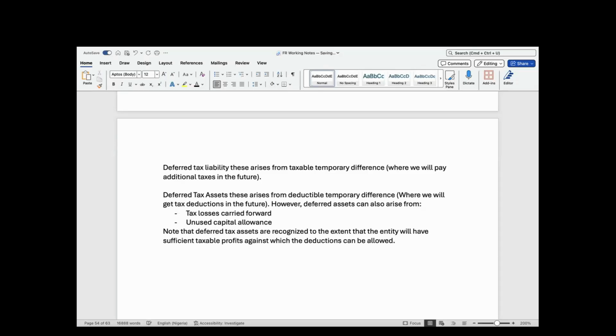So what we are saying here is this: accounting is based on prudence, it's based on substance.